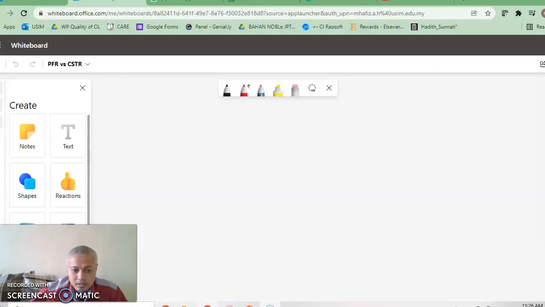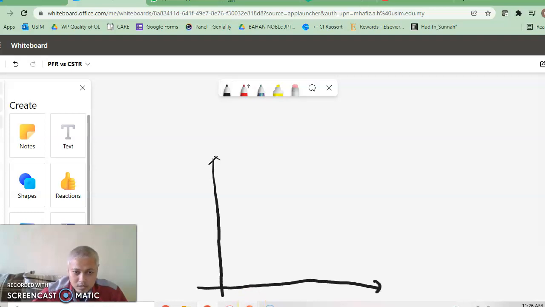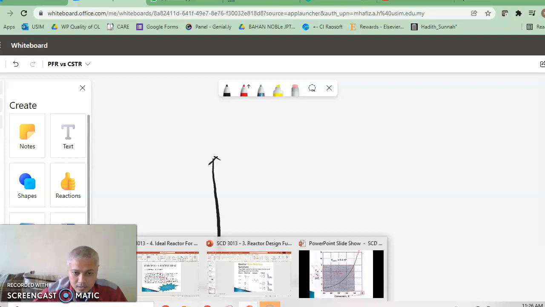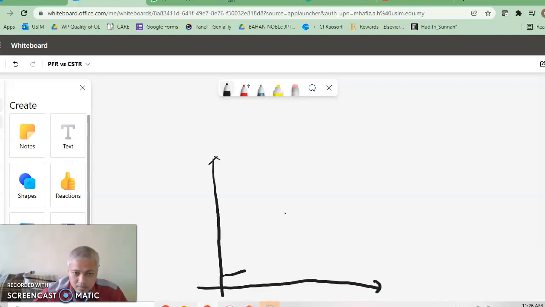If we draw this graph, similar condition with the previous diagram, it will not touch 1, right?